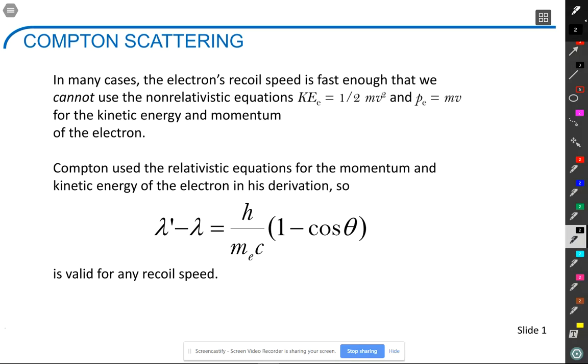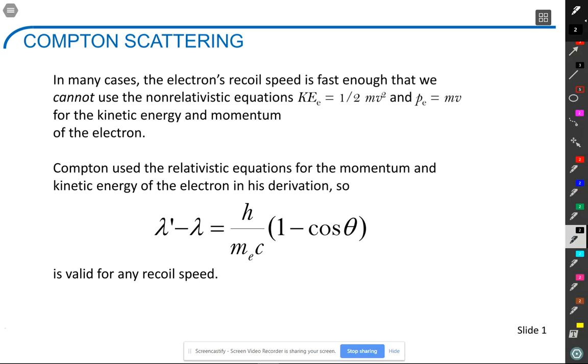It stays the same. For the wave model, the frequency cannot change. And in Compton scattering, if the wavelength changes and you're in the same medium, that means the frequency changed too. And so Compton scattering is showing a change in the frequency, which a wave just can't do.